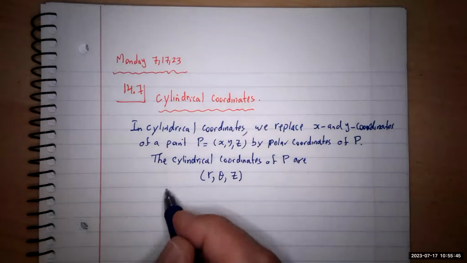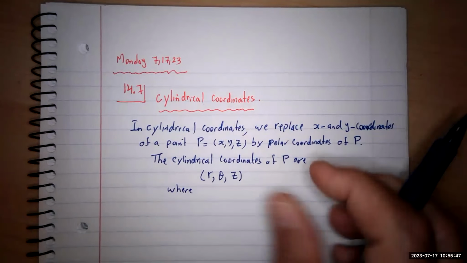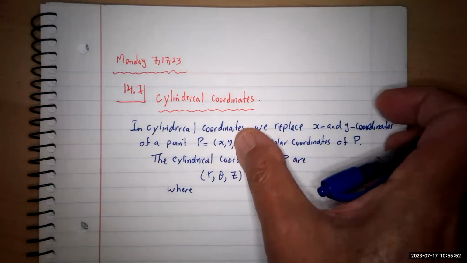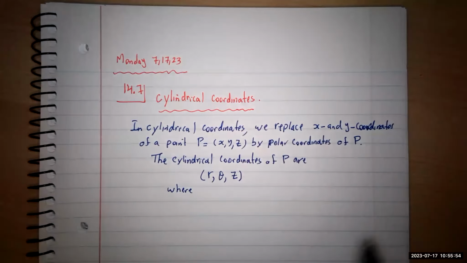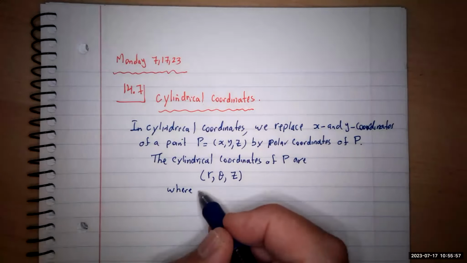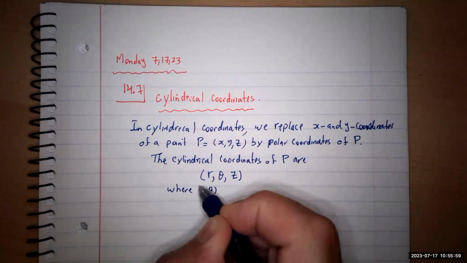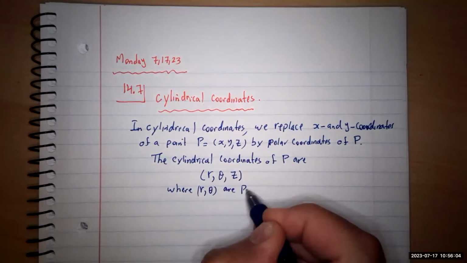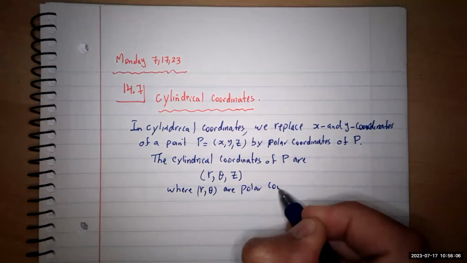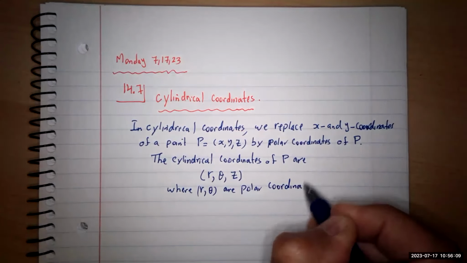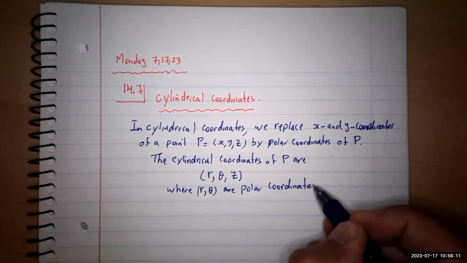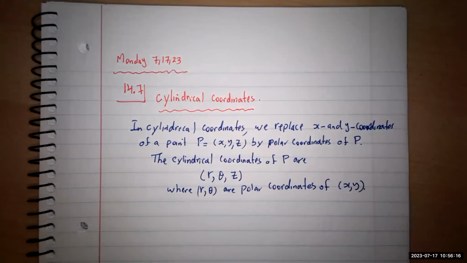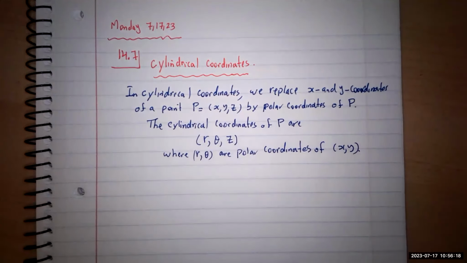If you forget about the z, this part is just the polar coordinates of x and y. So the projection is going to be in polar coordinates, where r and theta are the polar coordinates of (x, y). This is the idea that we're going to have.